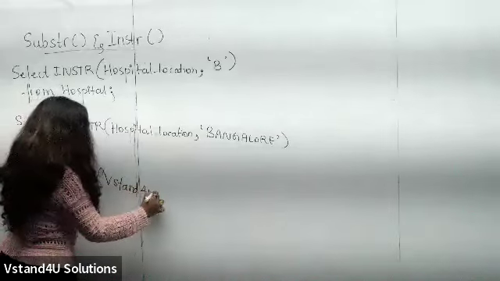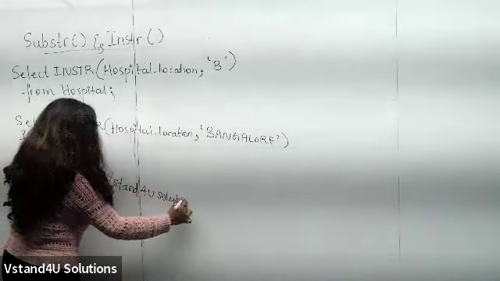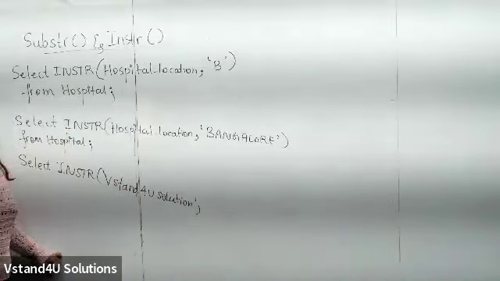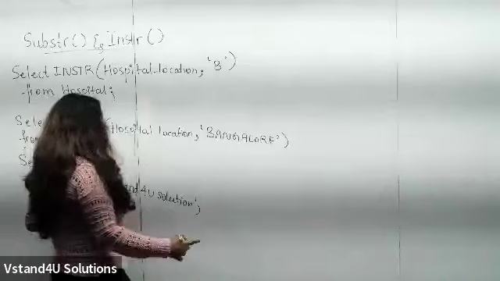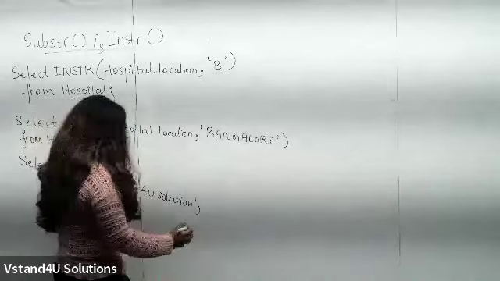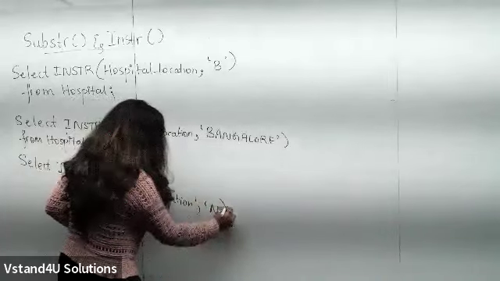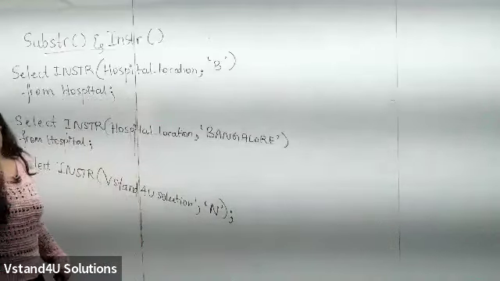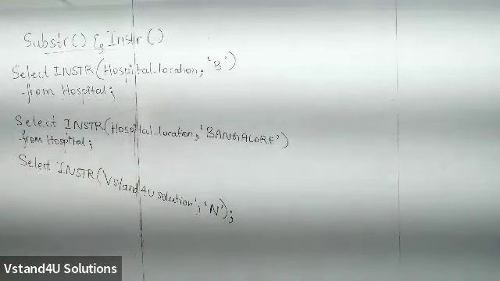V stand for you solution. Which letter's position do I want to know? N. So I will say N. Should I give a semicolon or should I say from hospital? That's all. Clear with this?